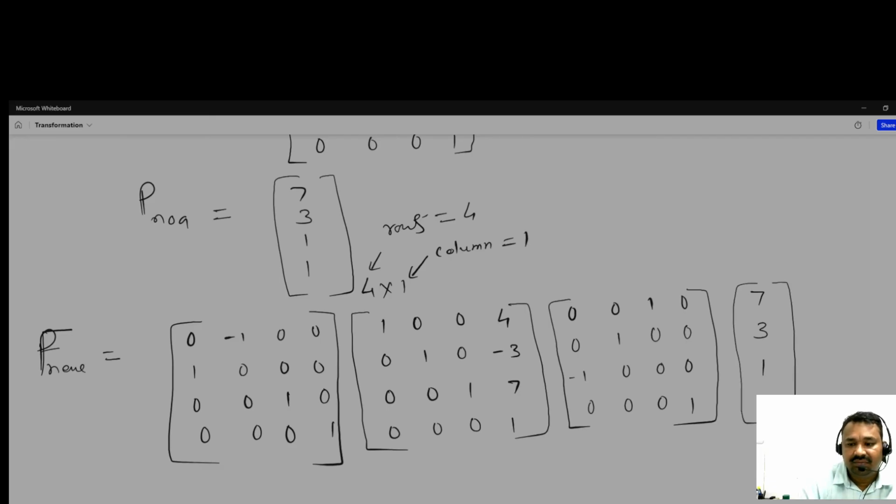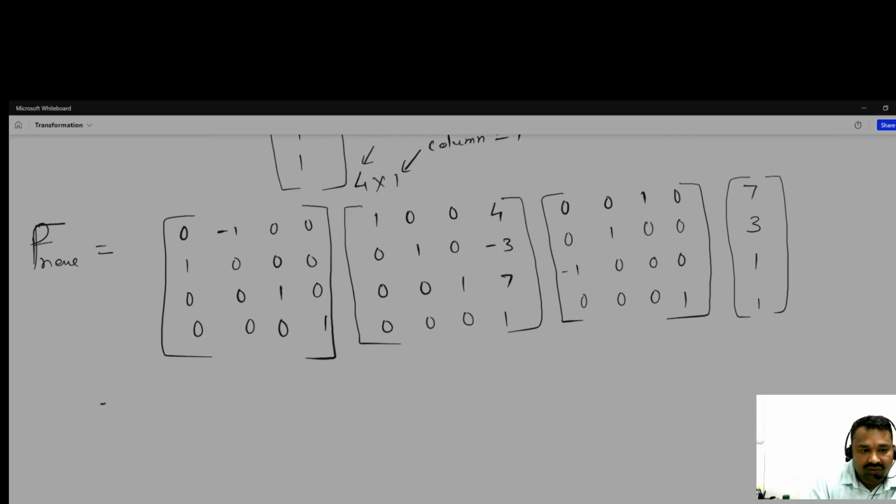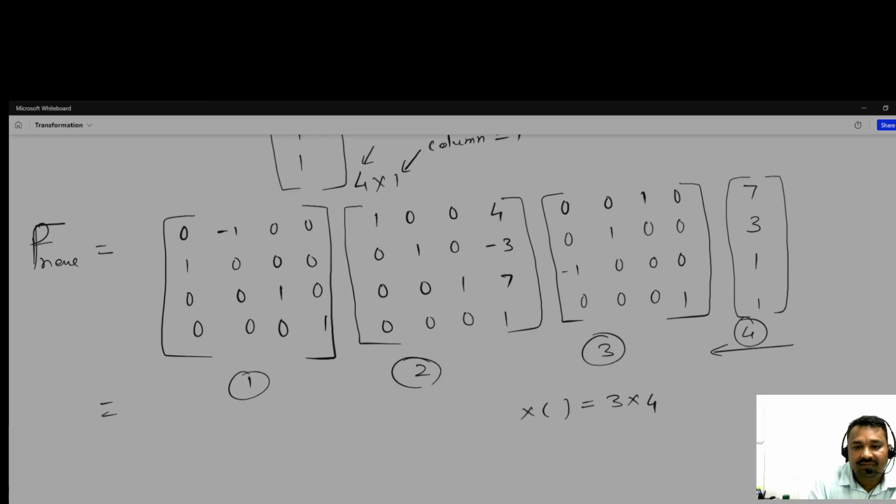Now let us multiply it. So what we have to do? I'm going to multiply from right to left. Means firstly, there are 4 matrices. Suppose this one, first, second, third, fourth. So I will multiply first 3 into 4. Then what I will get will be multiplied by the second one.